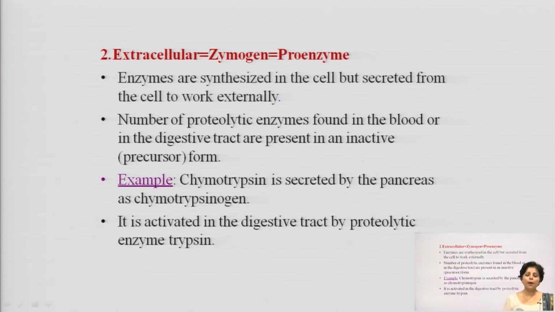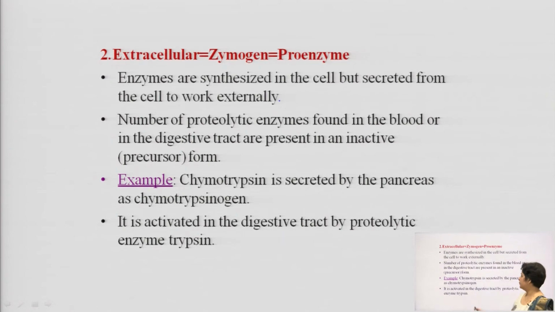That is, the cell in which these enzymes are synthesized, they are not working in that particular cell, but they are excreted out, move somewhere else and act somewhere else. A number of the proteolytic enzymes found in the blood or in the digestive tract are present in an inactive form, or we can say precursor form.